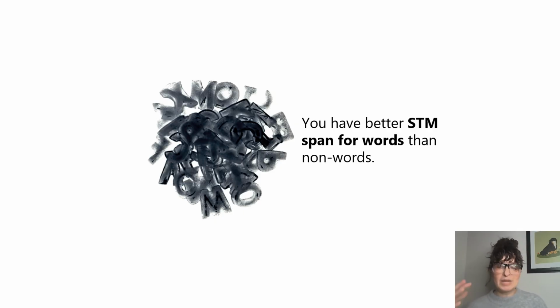So not only does long-term memory distinguish itself from short-term memory based on time span, but it does interact with short-term memory. These two memory systems have a lot of crosstalk. For example, you have better short-term memory span for words than for non-words.